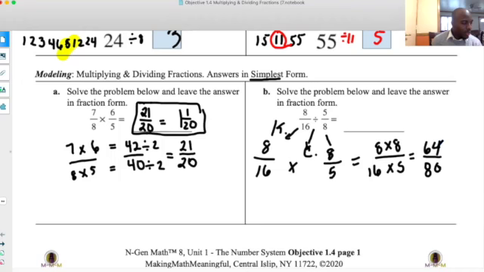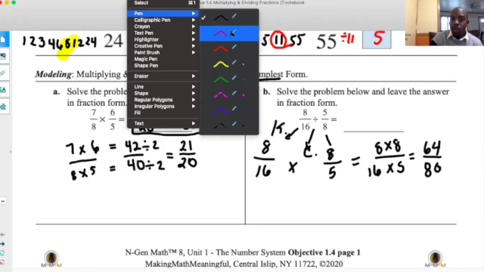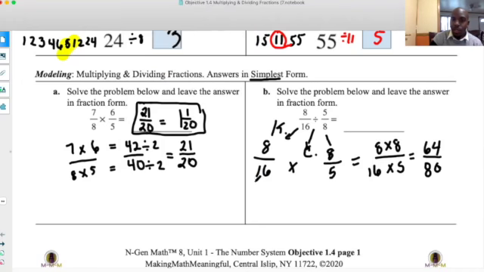We need to remember to simplify, and that could be as simple as writing out all the factors. Let me write out the factors here as another way, just to make sure people understand there are multiple ways to do this.